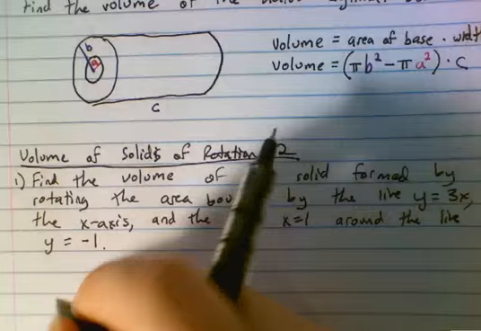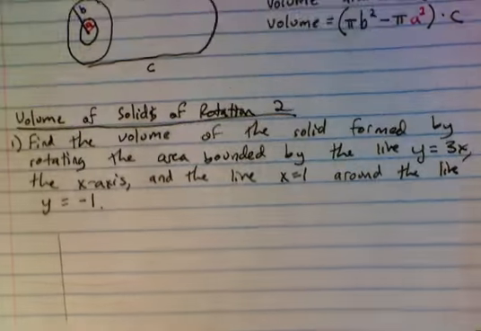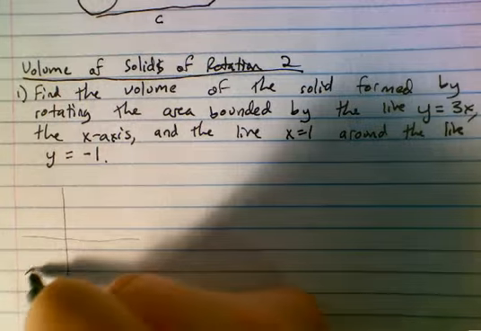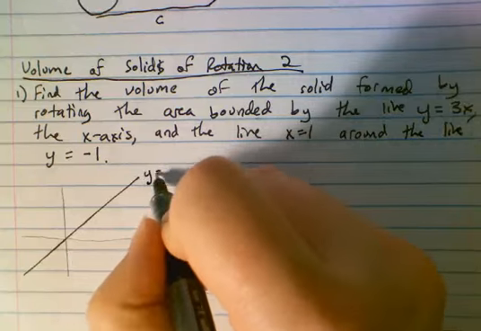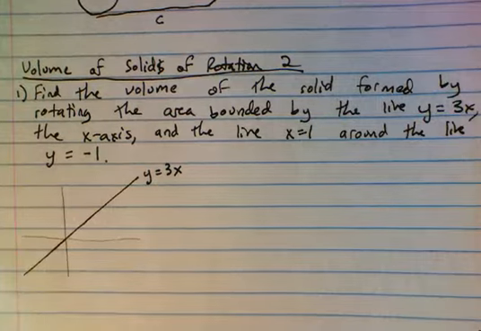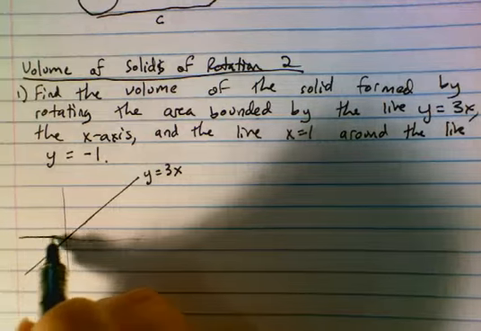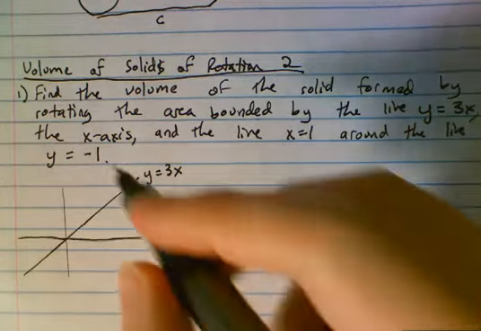I'm going to do my axes in pencil because we're going to have little lines going along here. So here are my axes. I've got one line, y equals 3x. I've got one line on the x-axis, that's y equals 0.